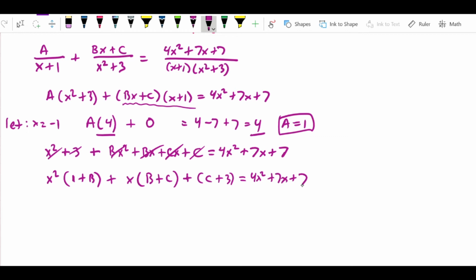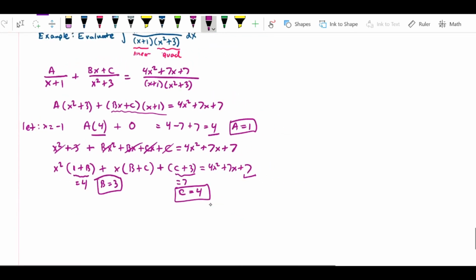All right, well, it should be fairly easy to solve for b because we know that the coefficient of x squared is 4, which means that 1 plus b is going to have to equal that coefficient, or 4. So that gives us b equals 3. And we also know that the constant term is 7, which means that c plus 3 is equal to 7, which means that c has to equal 4.